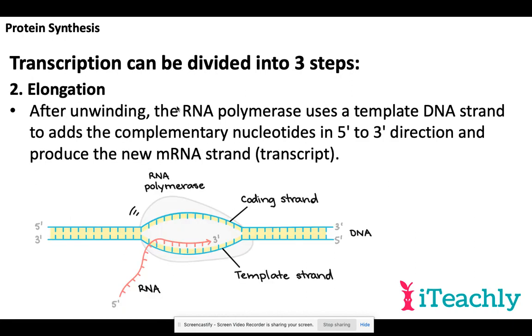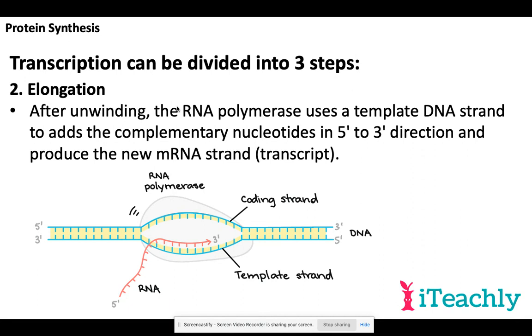So what happens in elongation? As the polymerase moves down the template, the RNA polymerase is moving in that same 5 to 3 direction that we saw in DNA replication. And so it moves down, but instead of adding DNA nucleotides, it's actually adding RNA nucleotides.